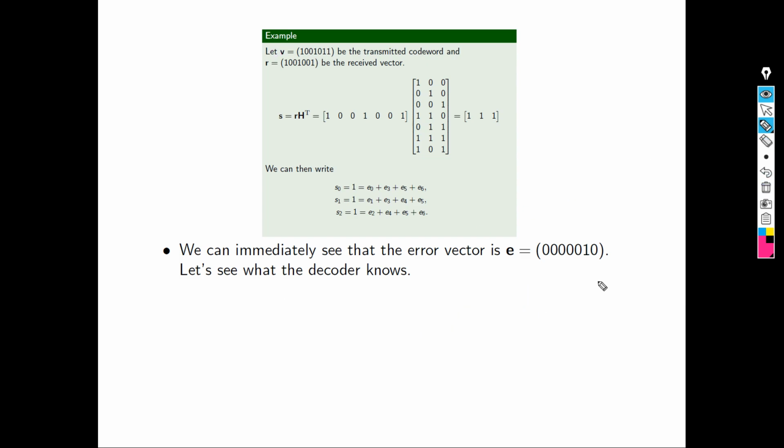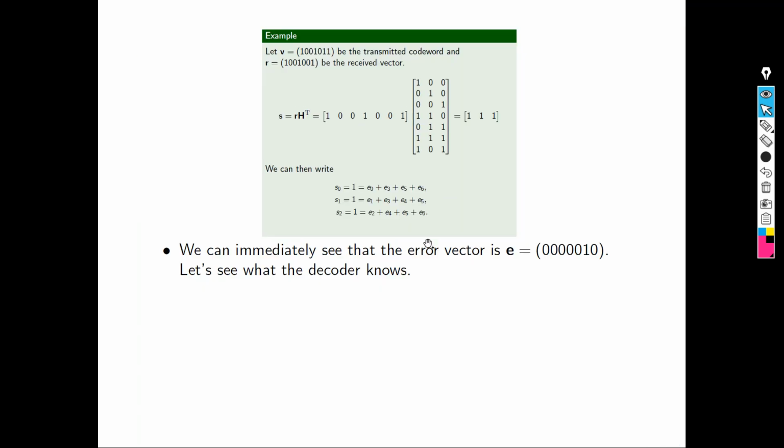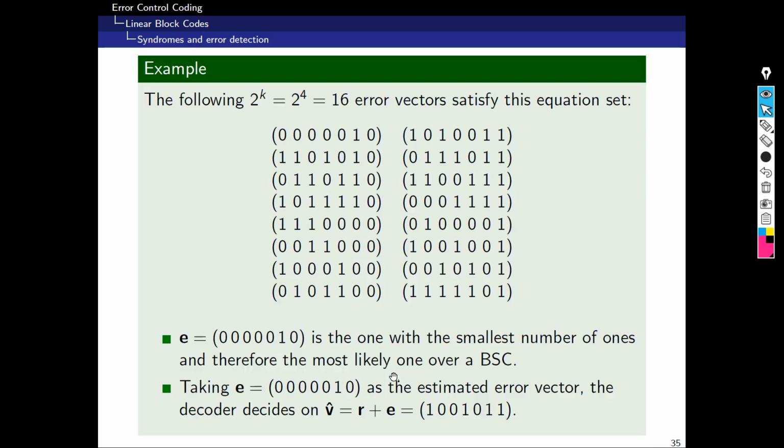Now let's see what the decoder knows here. The following 2 to the power k, equal 2 to the power 4, equal 16 error vectors satisfy this equation set. These are the equation sets that you obtained from the previous values. See how complex the process is.